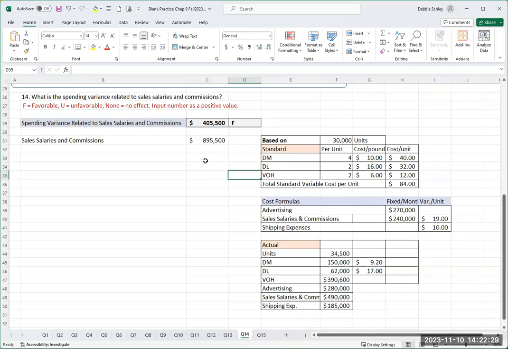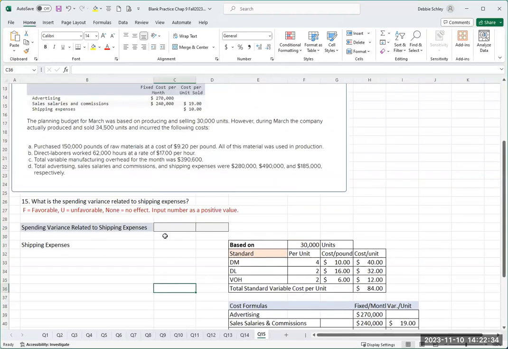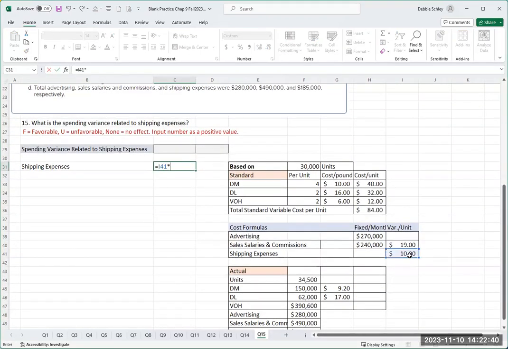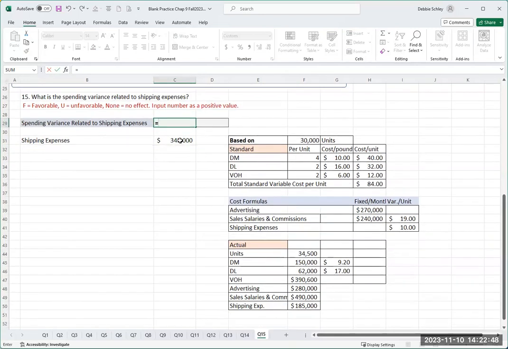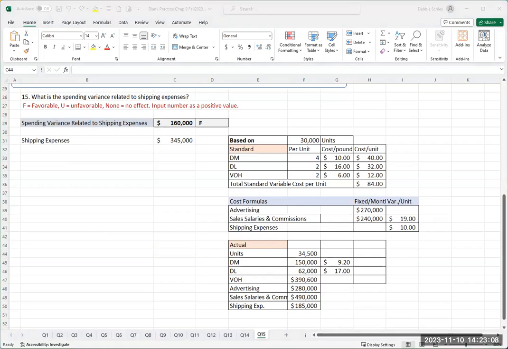So I actually spent less than I planned. That's why that's favorable. And then spending variance related to shipping expenses. If you'll recall, my shipping expenses was the $10 times the 34,500 units. And so what I thought was going to happen minus what actually happened equals 160,000. And that is favorable because what actually happened was less than what I thought should happen. So that's it. Hope that helps somebody.